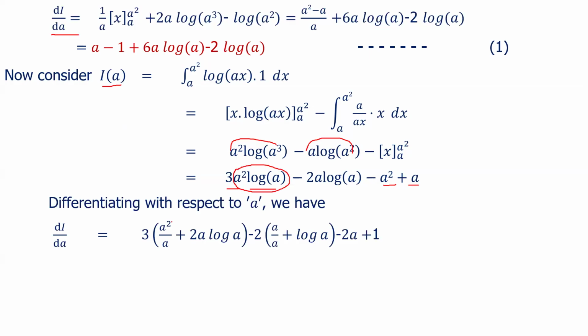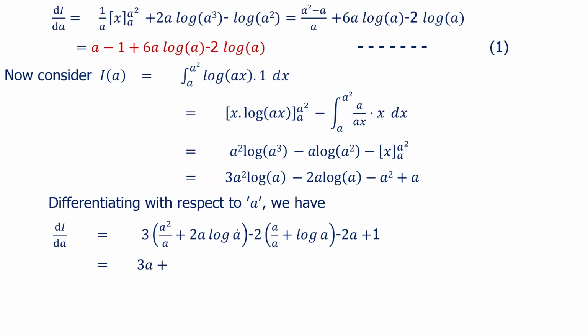So a square first function, derivative of log a is 1 upon a, plus derivative of a square is 2a into log a, minus 2 we can take outside. Again a into log a, so a upon a plus derivative of a is 1 into log a, minus derivative of a square is 2a and derivative of a is equal to 1.